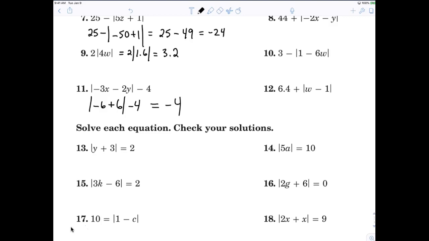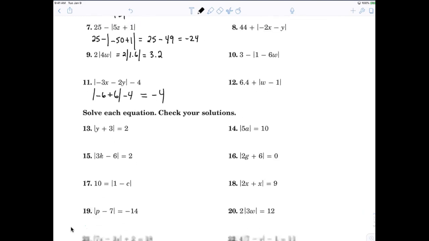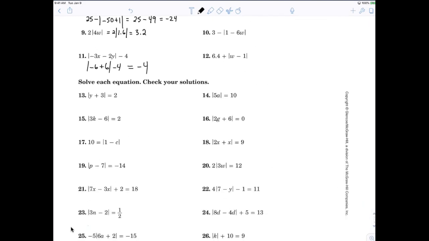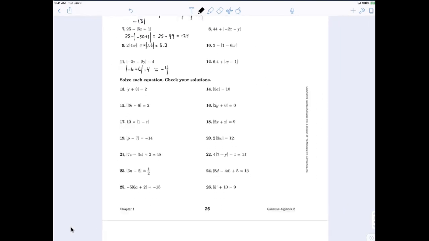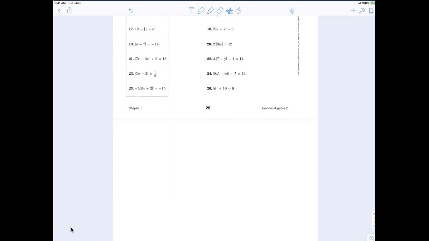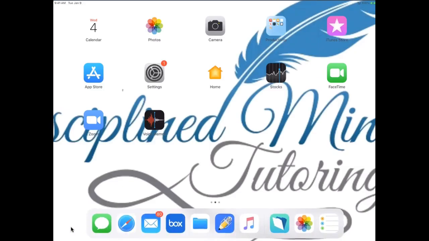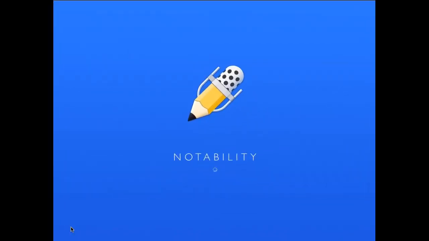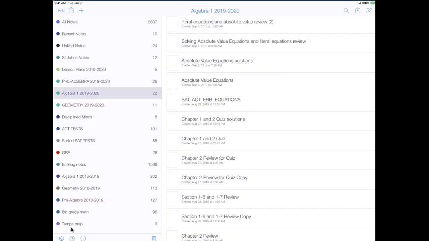Everybody good with that? All right, now we're getting into the equations, which is kind of what we did yesterday. So now I'm going to grab this and put it on the next page. Something just went crazy on my Notability.